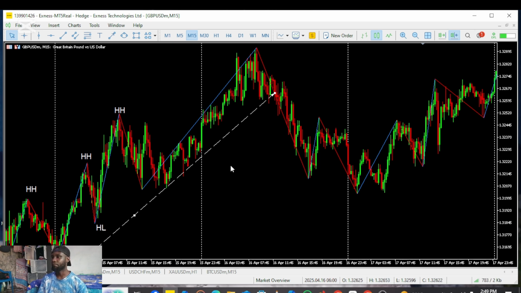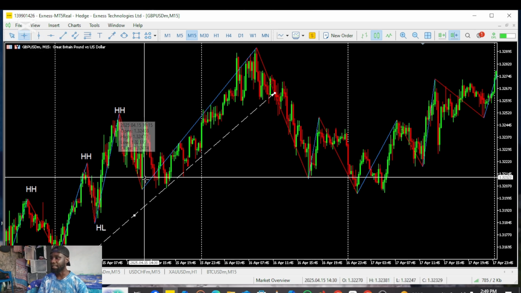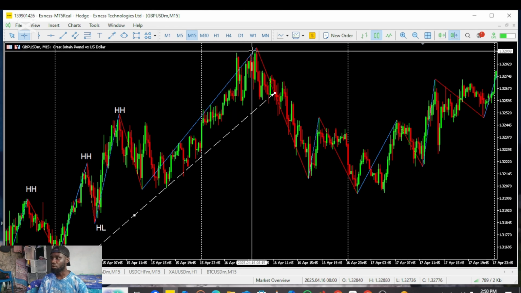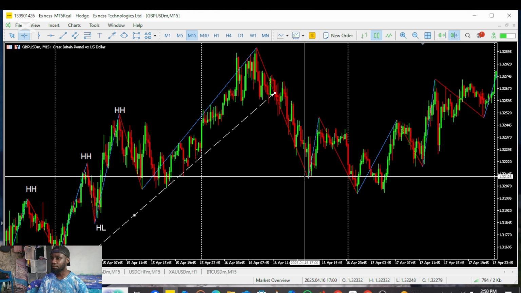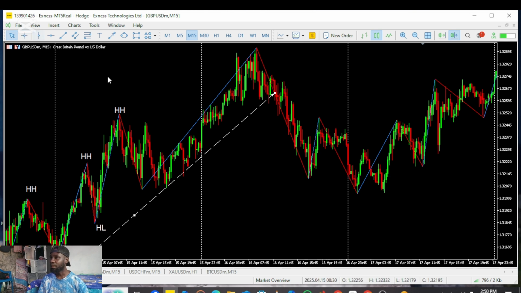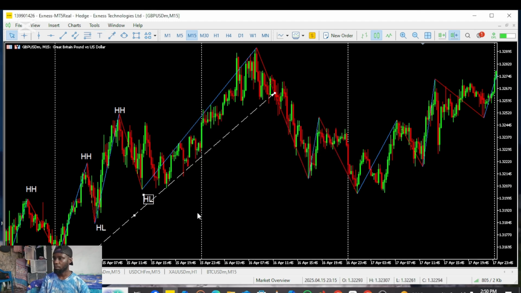Over here, you see the market moves, creates higher high, higher low, breaks higher high, higher low. You see, here is the confusion place. It creates higher low over here, higher low, higher low, and moves straight, breaks this high.